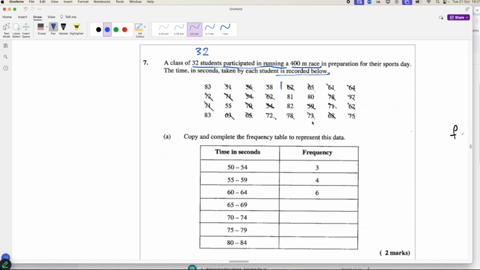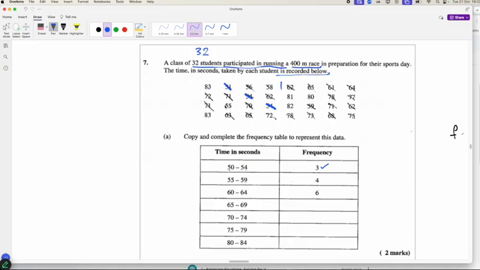All right. So I see here those people who got between 50 and 54. I'm looking for between 50 and 54. That is 51. That is 54. That is 54. Anybody else between 50 and 54? No, we get 3 people. All right. Between 55 and 59.